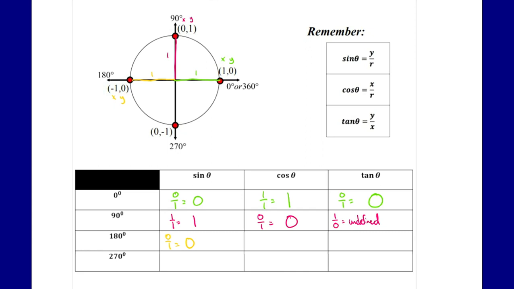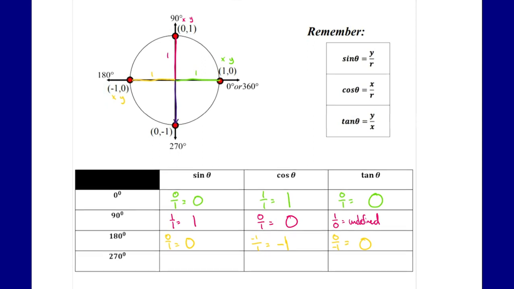Cosine, x over r, so negative 1 over 1 equals negative 1. And for tan, y over x, or 0 over negative 1, which is 0.